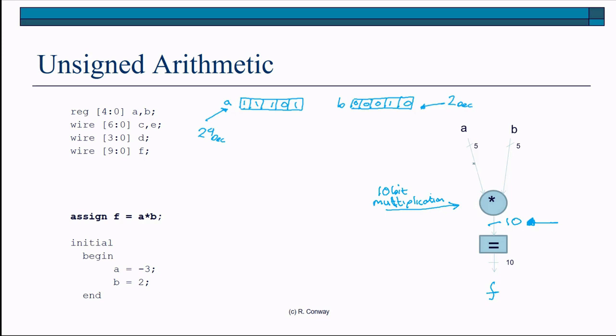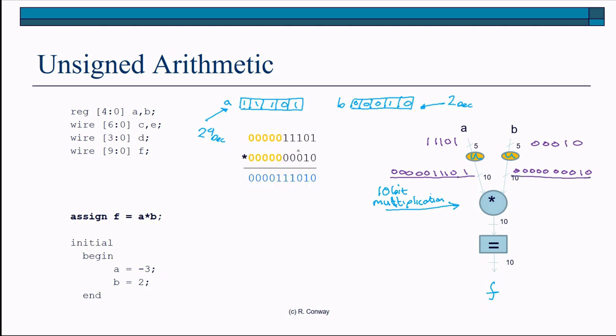Our next step then is to extend our operands, performing an unsigned extension on each from 5 to 10 bits. And if we take our values for a and b, the 5-bit values are extended to these two 10-bit values, and performing that 10-bit multiplication yields this 10-bit value.